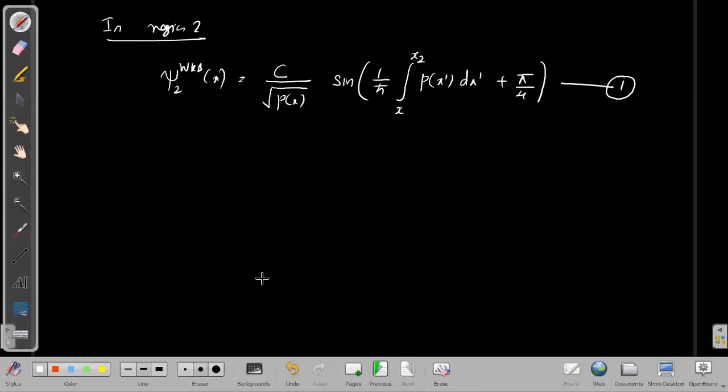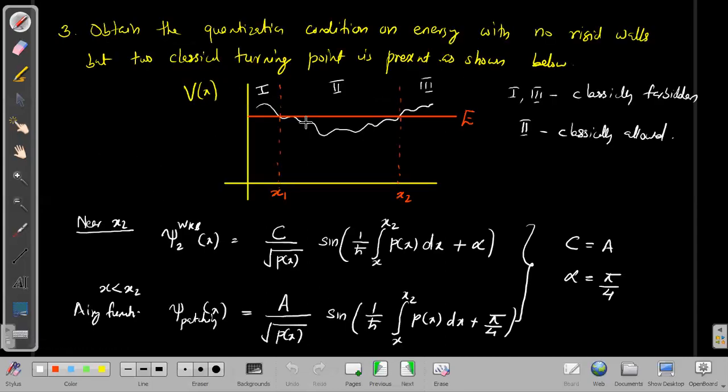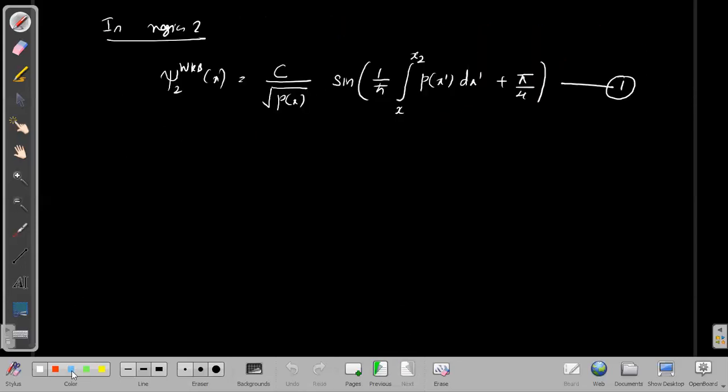Now consider our next turning point. The next turning point is x1. So what would happen near x1? Near x1, how can you write the WKB function, psi 2 WKB of x? We can write some constant by root of p of x, and obviously since it is the classically allowed region, the wave function would be a harmonic function.